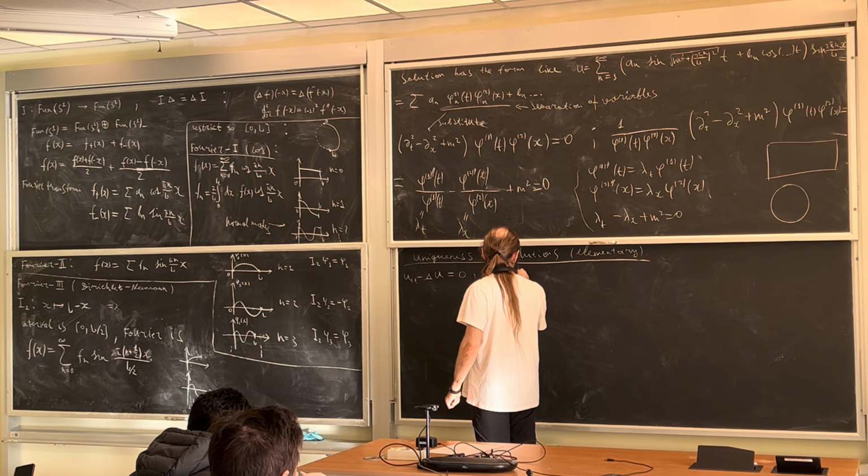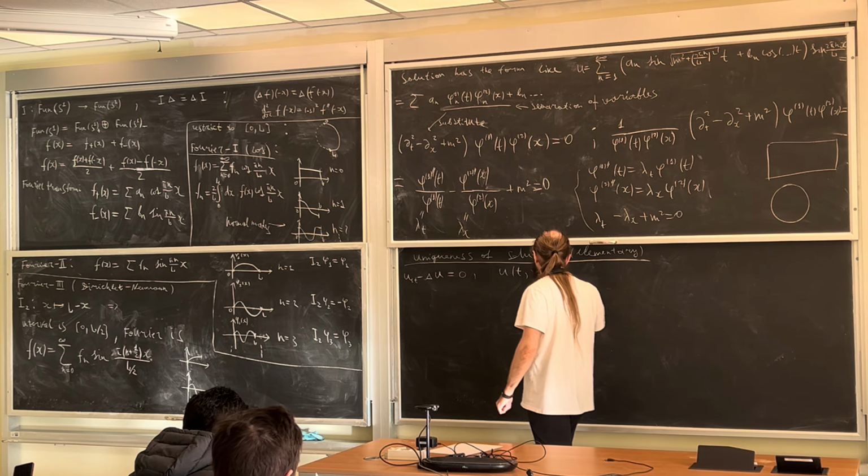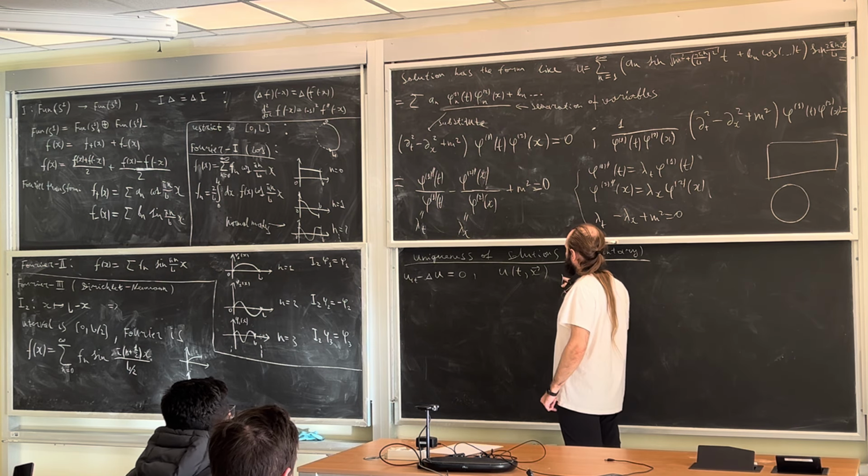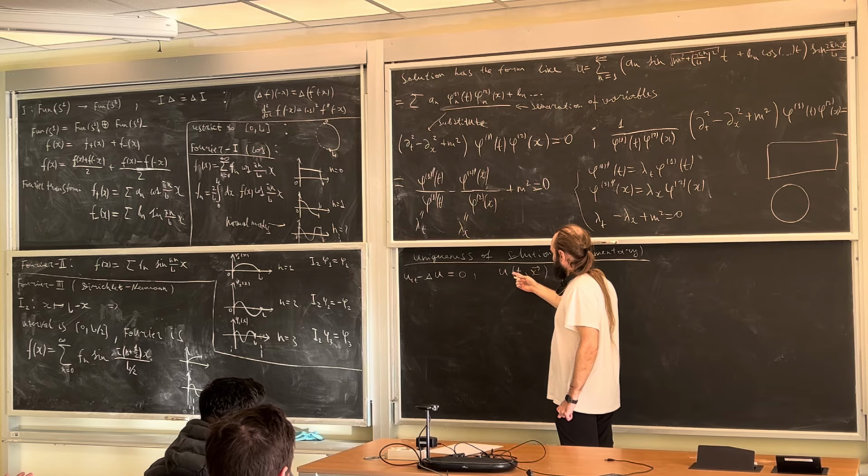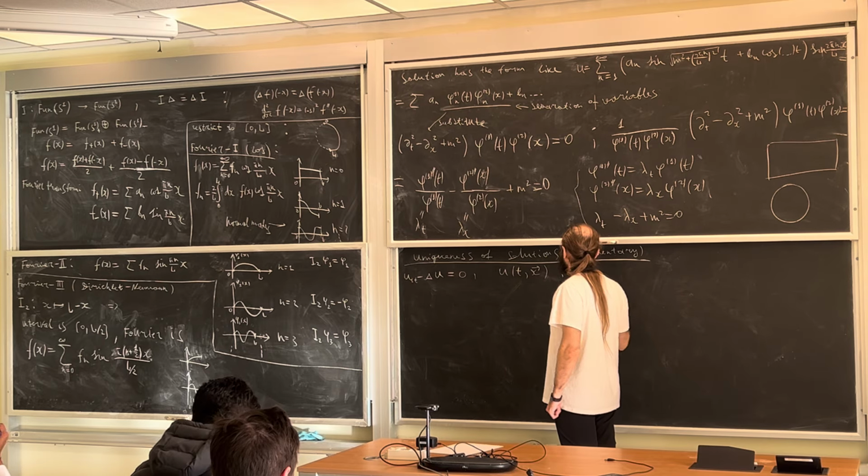We have u of t and x. We have some boundary conditions, which can be either Dirichlet or Neumann.